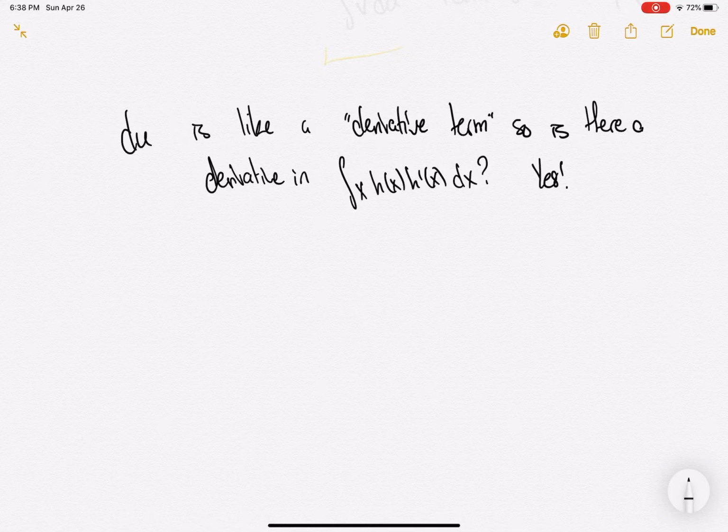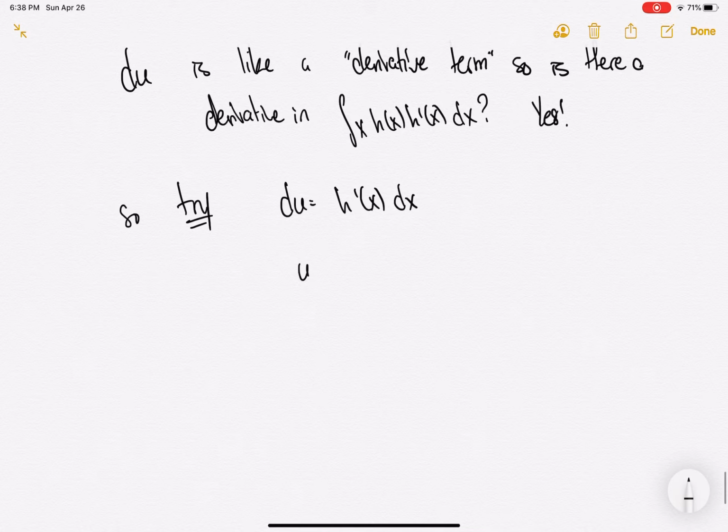Cool, so we would choose, so we can try, this is an important word, so try du equals h prime of x dx. Well, that would make u equal h of x.